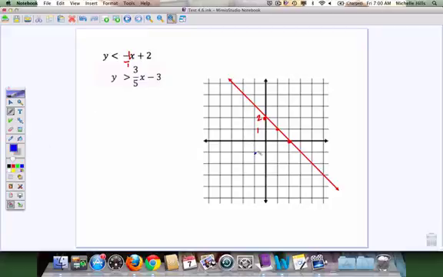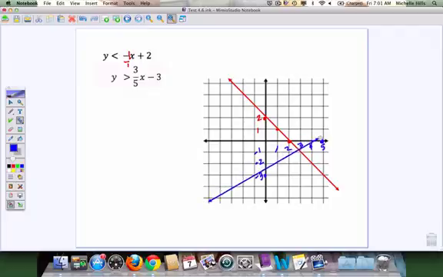Now the second one crosses the y-axis at -3. Notice I am putting my scale numbers in for these. A slope of +3/5 is going to take me up 3 and to the right 5, putting my scale numbers in again. This is also going to be a dashed line. I'm going to go back and make both of these dashed in just a minute.